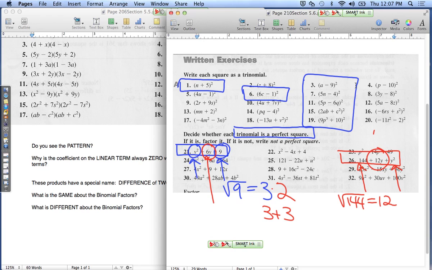But the coefficient on the linear term must be 12 plus 12, or 12 times 2, or 24. So the example in number 26 is not a perfect square trinomial because the coefficient on the linear term is really 12 times 1, or just simply 12. So the homework is very consistent and predictable, and it's all about getting you to recognize the patterns with the binomials.